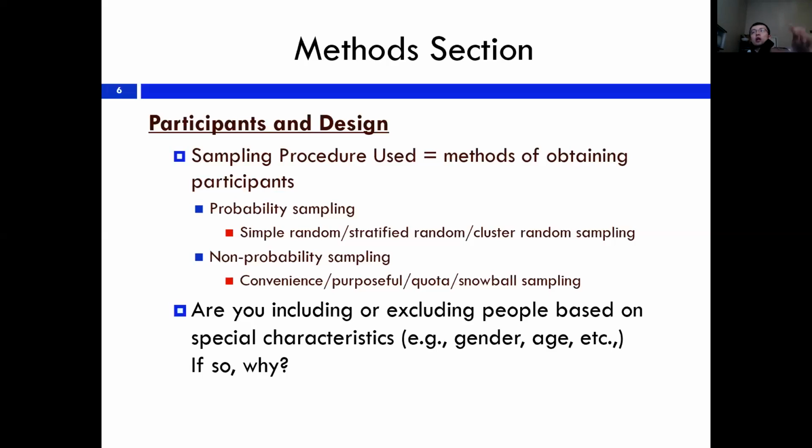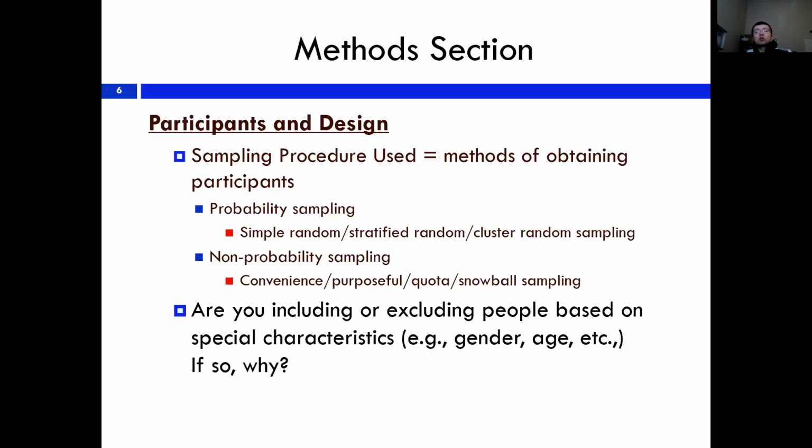From those locations you randomly pick, you either pick everybody, or you randomly select some people from the places you randomly selected. So that's the cluster random sample. If you're interested in geographic locations, that might be a useful tool for you.